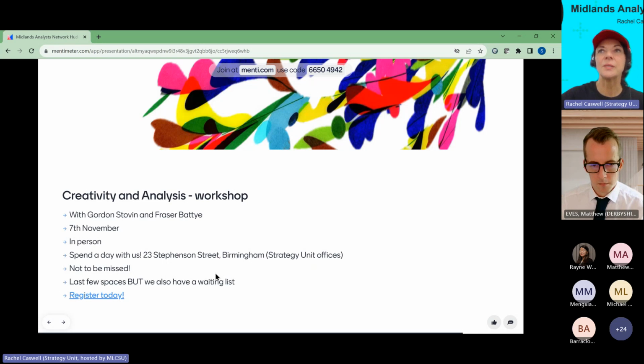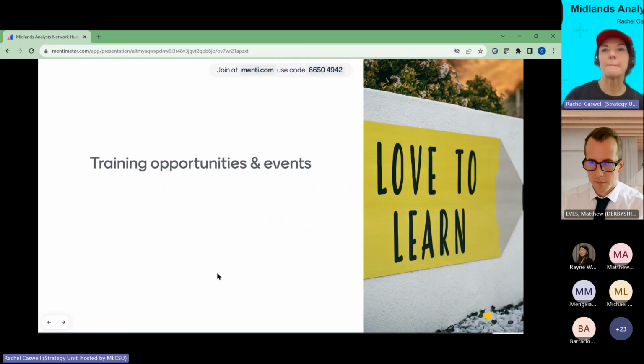It's not on the form at the moment, but some people have contacted me separately asking if it could be somewhere that isn't Birmingham, and of course we can consider that, because it's not necessarily equitable for us to have training here all the time, and we do try to move around. Do have a look at that. There are about five places left on that one.